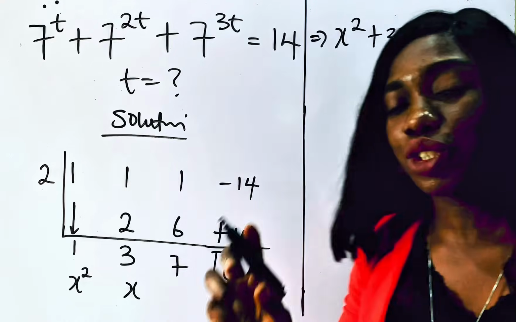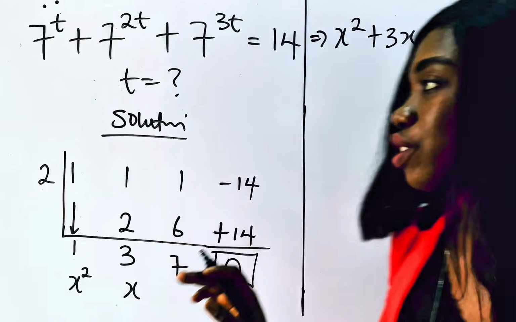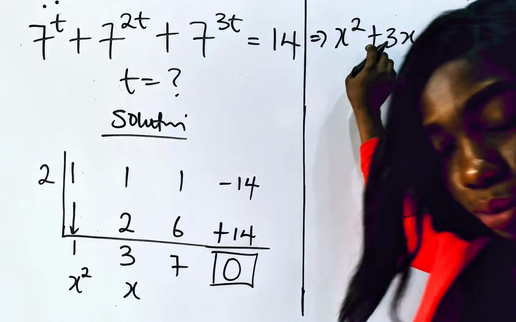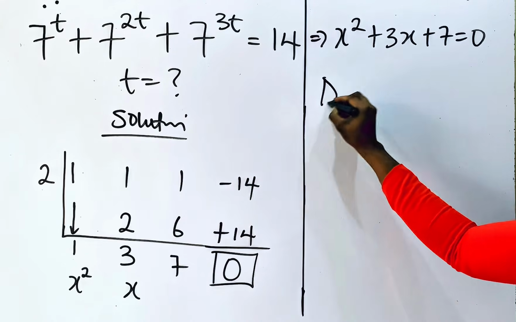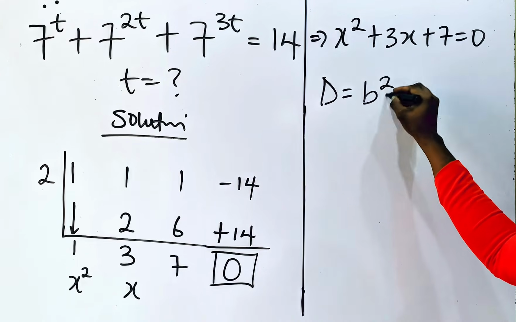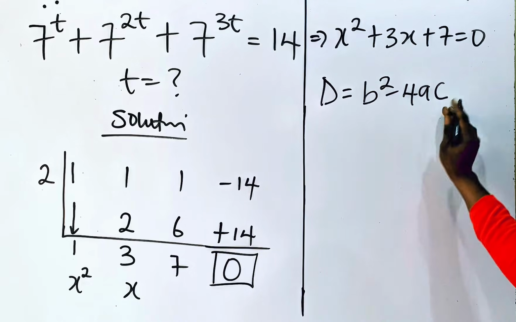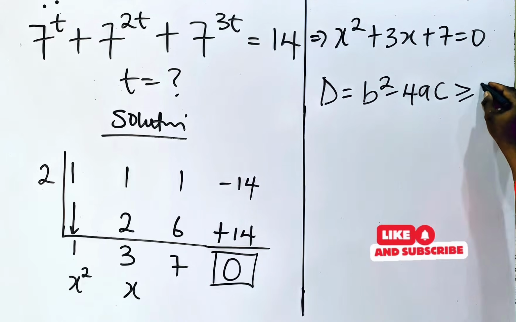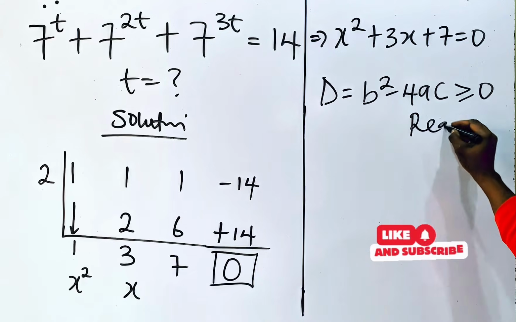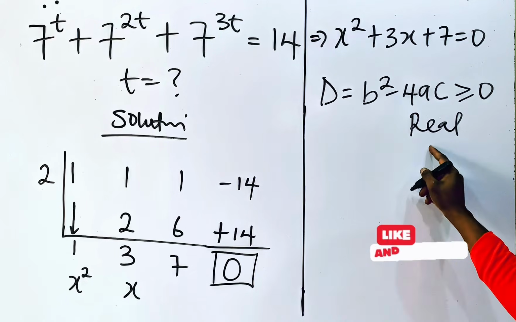Because we are conscious of working with real values, we are going to check the discriminant of this quadratic. The discriminant is b squared minus 4ac. If this is greater than or equal to 0, then it is real, and in that case we are going to accept.